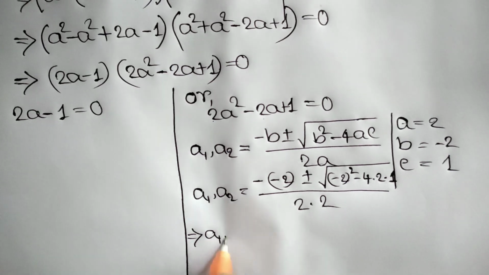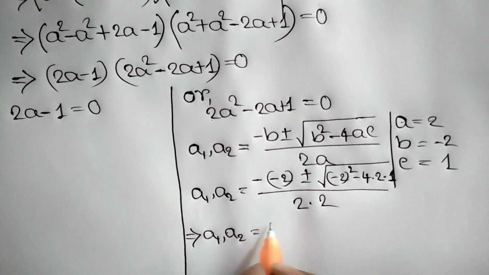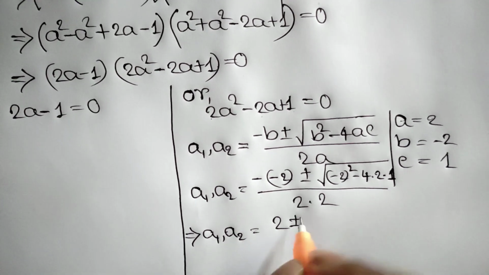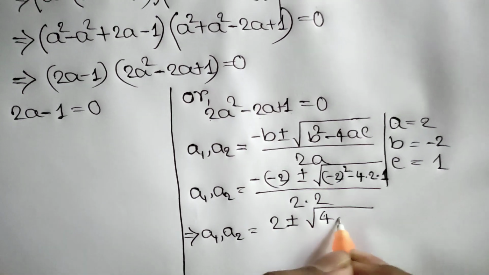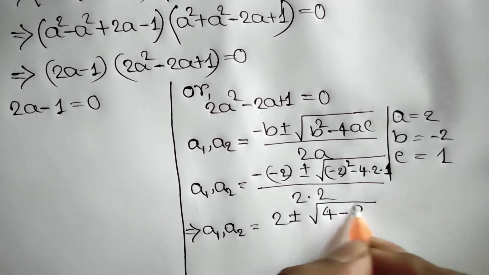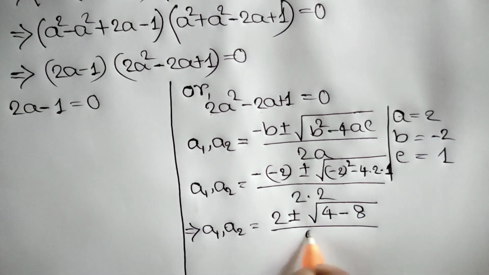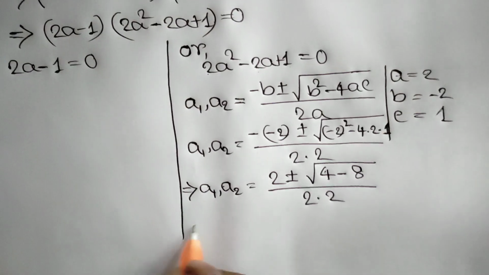Or a1 comma a2 is equal to 2 plus or minus square root of (minus 2) square, that means 4, minus 4 times 2 times 1, that means 8, over 2 times 2.